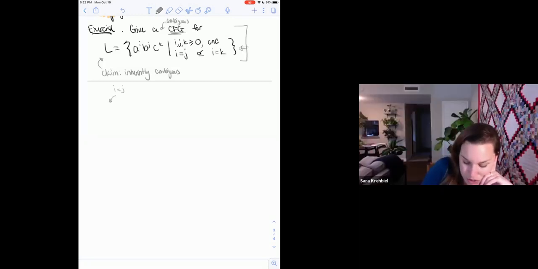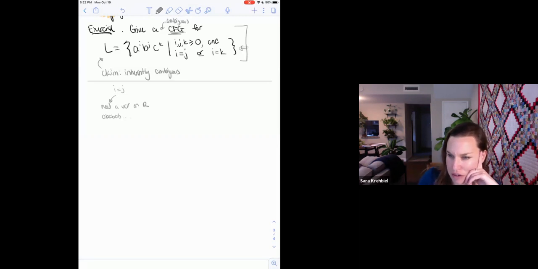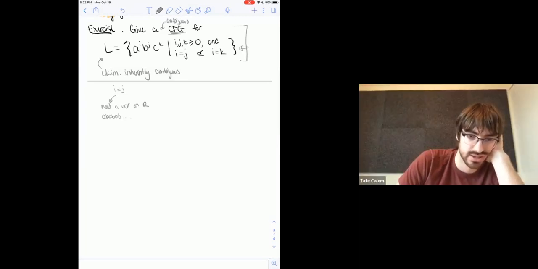So with I equals J, you need a variable on the right, and somehow you were getting to a situation where you were generating that. Is that right? Yeah, and then our variable would turn into like a C star type thing. Oh, got it.